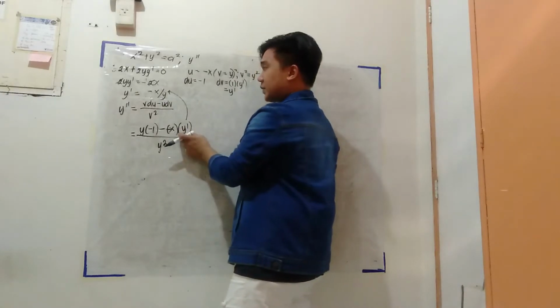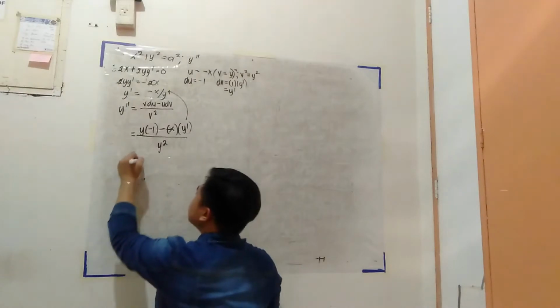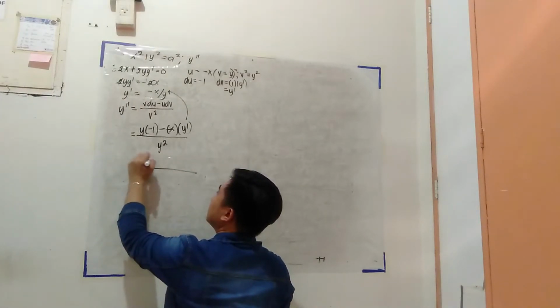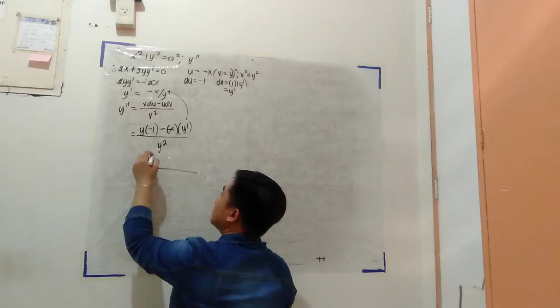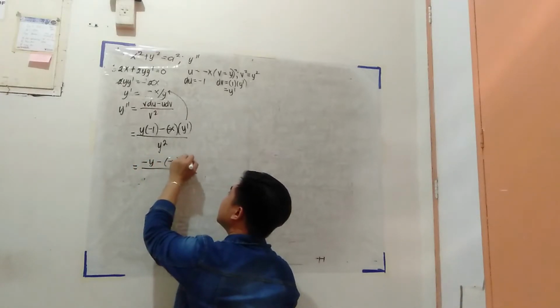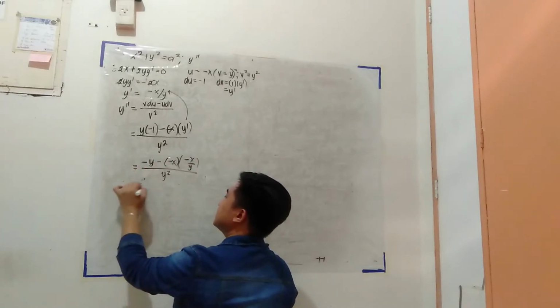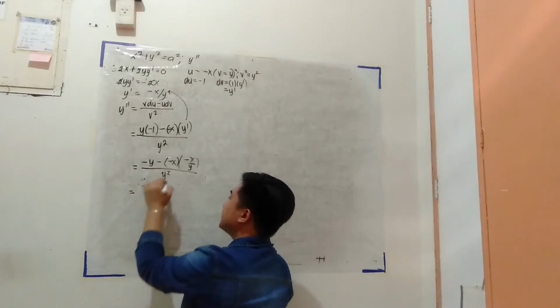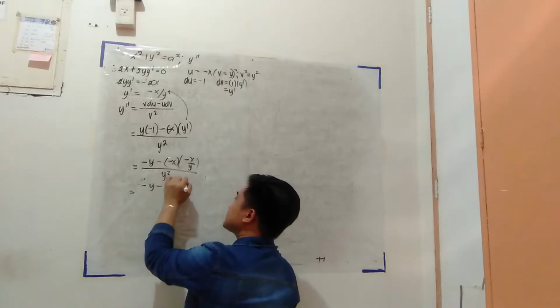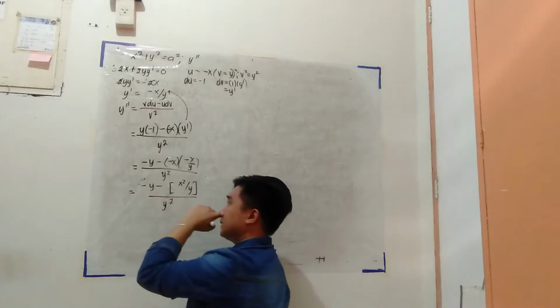So, palitan natin si y prime nito. So, this will become negative y minus negative x all over negative x over y all over y squared. So, negative y minus x squared over y all over y squared.